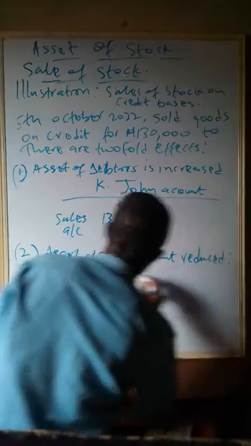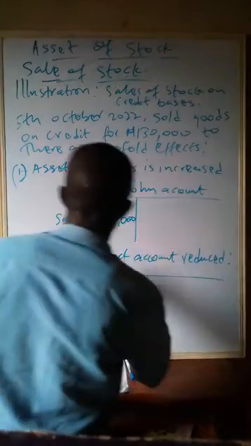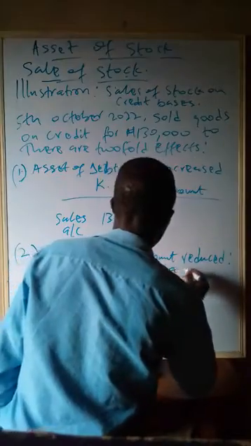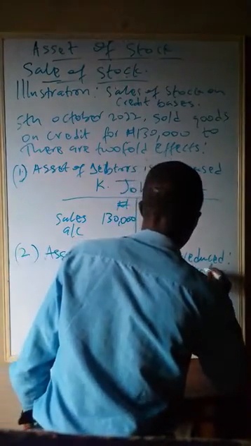What is the account? That is sales. When an asset reduces, you credit. That is the sales account.